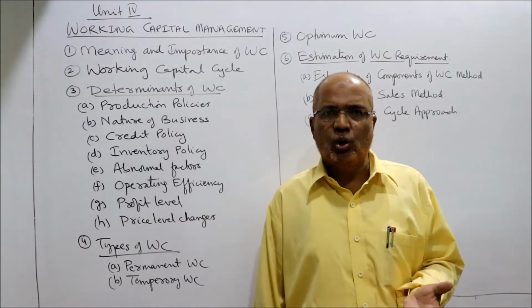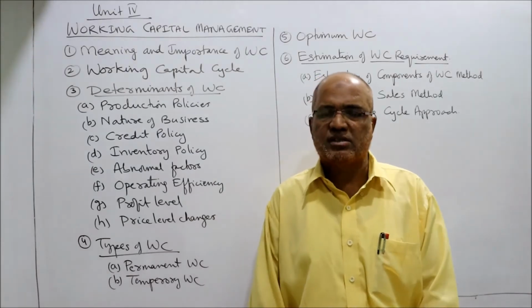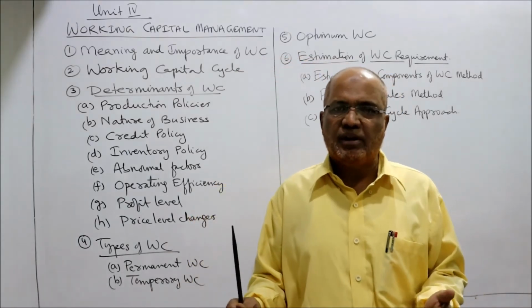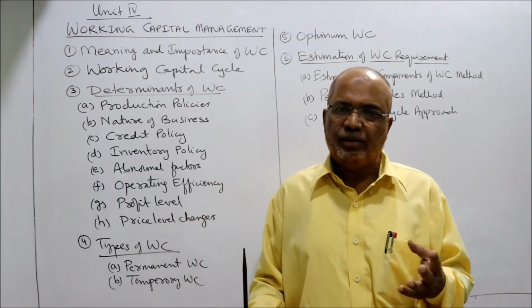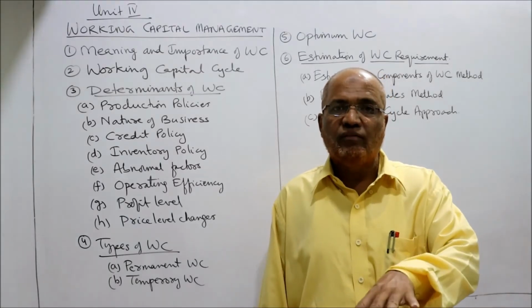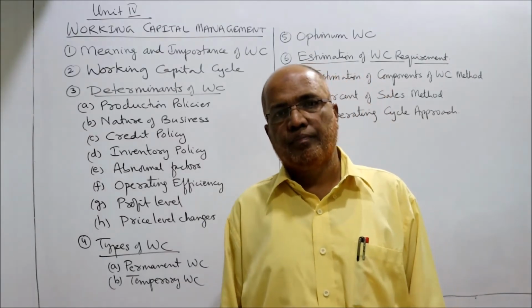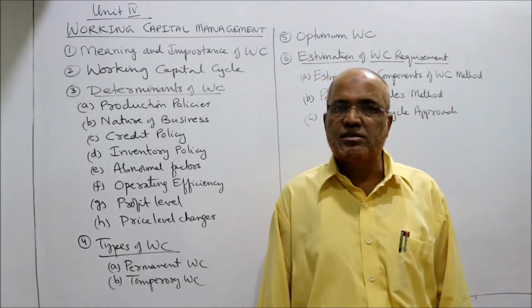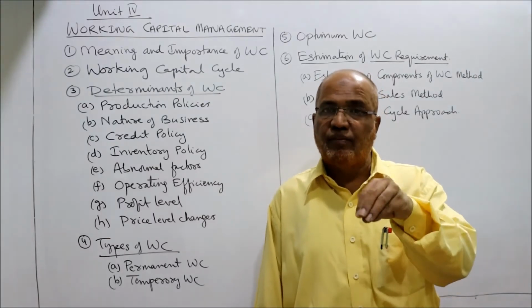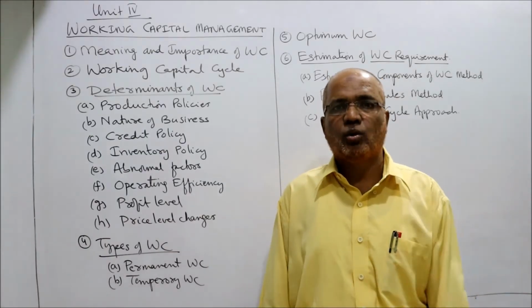Next is price level changes, that is called inflation. Nowadays inflation is global. Every country will have inflation. The prices of goods and services are increasing. Similarly material prices. अब हमारे बिजनेस में मटेरियल यूज होता है, नॉर्मली 5 लाख रुपीस का मटेरियल यूज कर रहे हैं ऑन एन एवरेज, लेकिन ऑल ऑफ ए सडन ड्यू टू इन्फ्लेशन देयर मे बी चांस ऑफ 10% इंक्रीज इन मटेरियल प्राइस. तो जब 5 लाख रुपीस का मटेरियल था 5,50,000 रुपीस का मटेरियल हो जाएगा. क्यों होगा? क्योंकि इन्फ्लेशन हो रहा है.